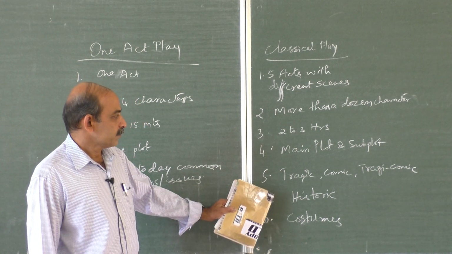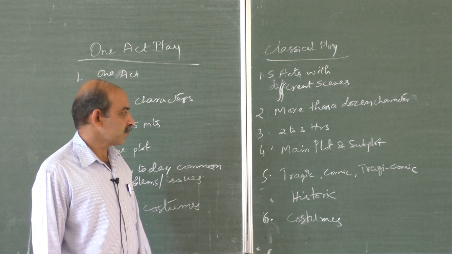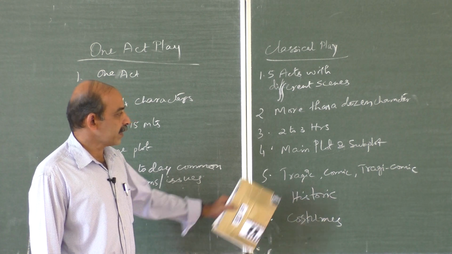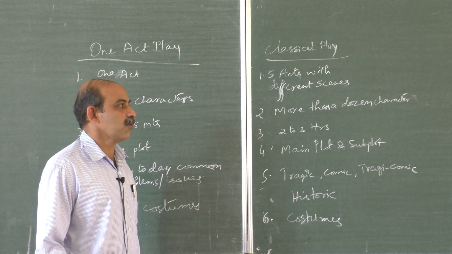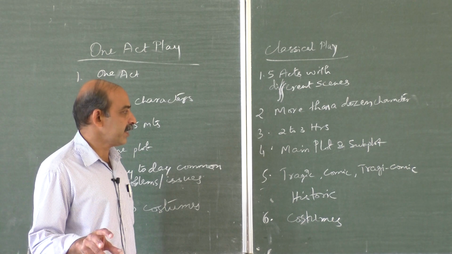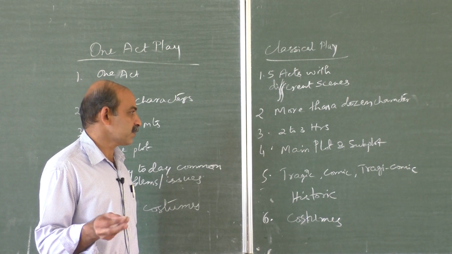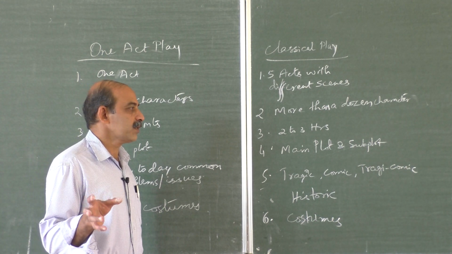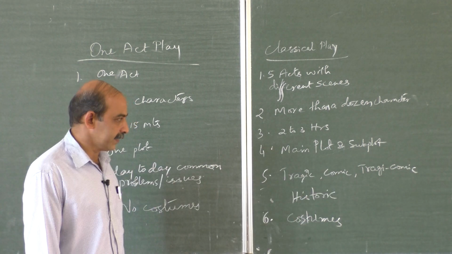Fifth point, tragic elements available in some of the classical plays, comic elements, tragi-comic or tragedy mixed with comedy, and historical plays. Especially in Shakespearean dramas, you can get all the 4 items.